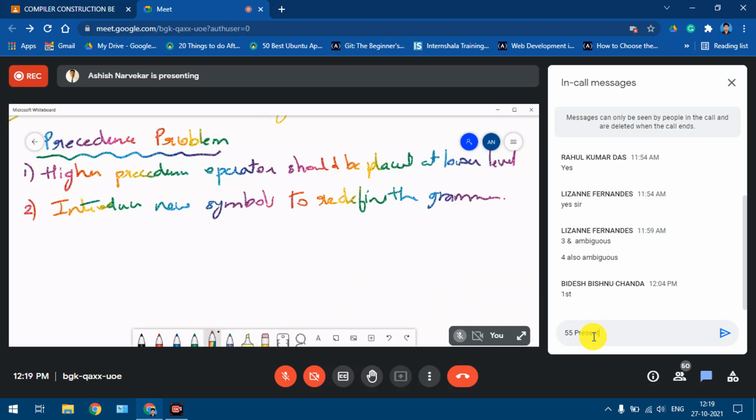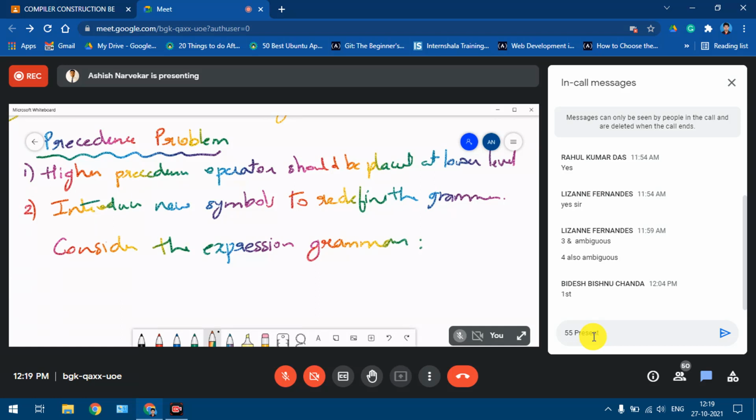About introducing new symbols to redefine the grammar, we can see this by taking an example of a particular grammar. So what we can do here is consider the expression grammar. Here also I'm just taking a subset of it, as in I'm not considering all the operators.